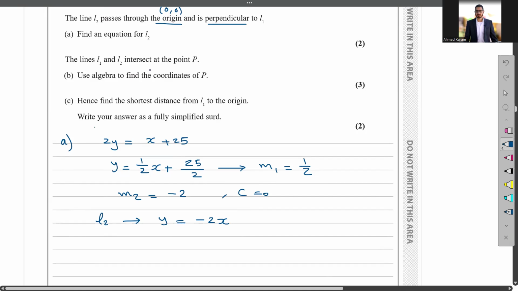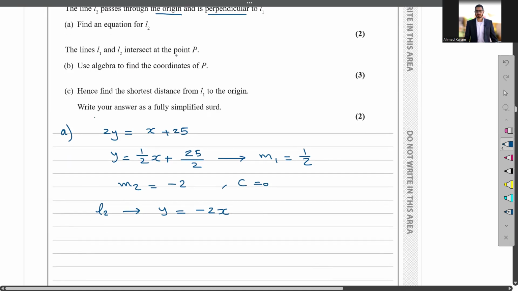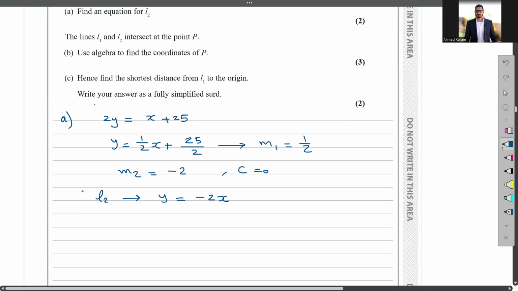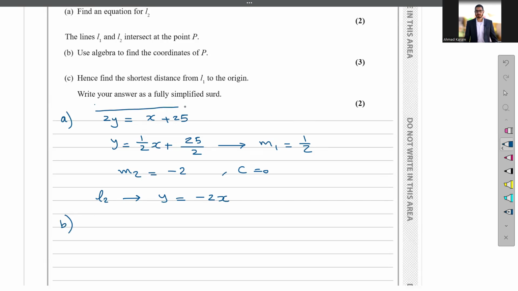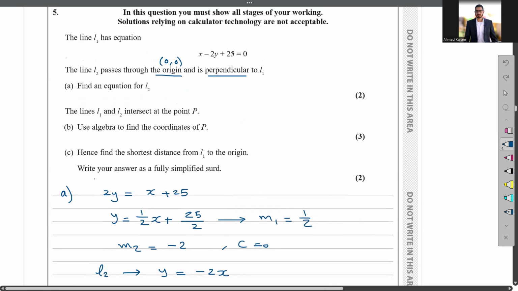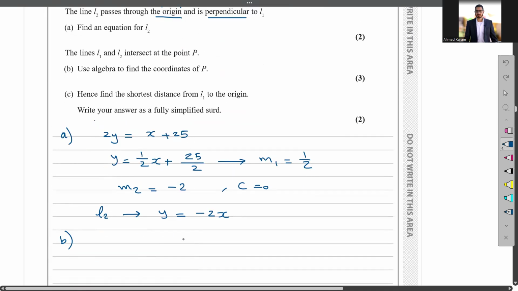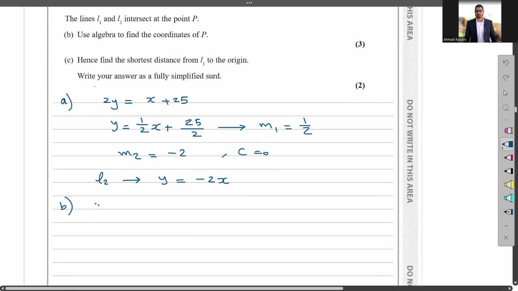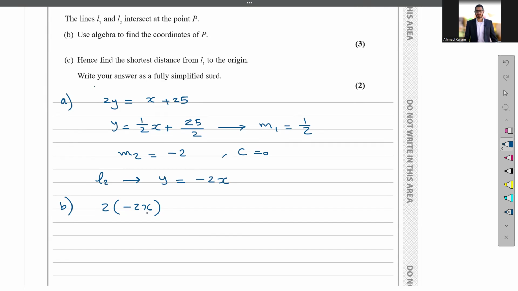The lines L1 and L2 intersect at the point P. Use algebra to do that. So we have equation 1, 2y equals x plus 25, and equation 2, y equals negative 2x. So I'm just going to replace y with negative 2x. So 2 multiplied by negative 2x equals x plus 25.